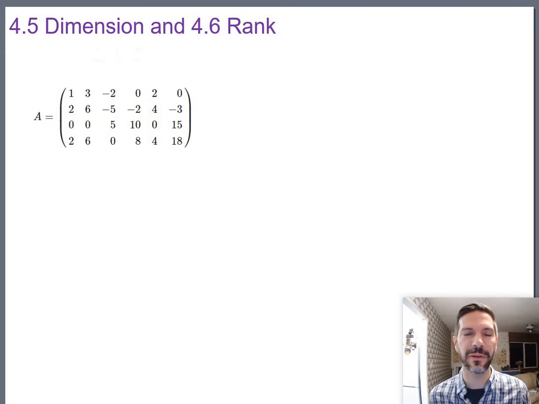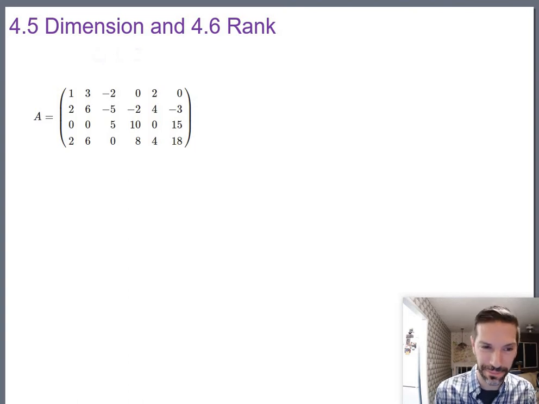Before we move on to rank, we should talk particularly about the dimension of two particular vector spaces, namely the dimension of the column space of a matrix and the dimension of the null space of a matrix. Both the column space and the null space of a matrix are vector spaces, so they have a dimension.